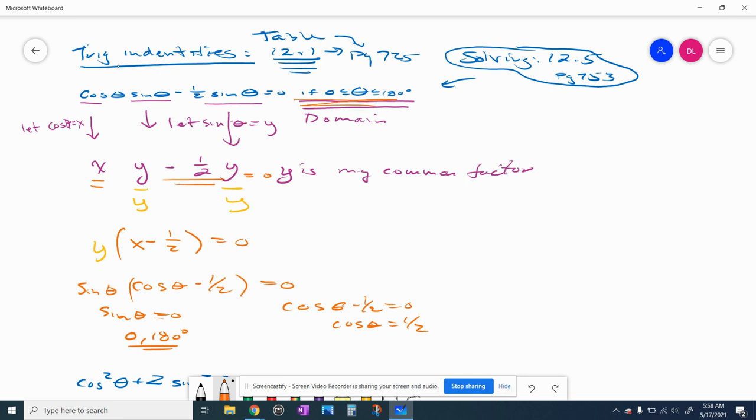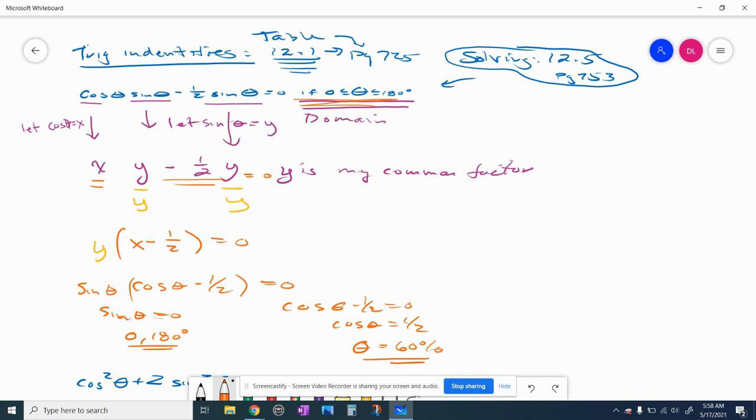Our domain right here is between 0 and 180 degrees. So where is the cosine 1/2? Well, it's positive 1/2 at 60 degrees, so theta is equal to 60 degrees. And those are my three answers: 0, 180, and 60 degrees. So remember, treat these guys like variables, and it'll be a lot easier there.